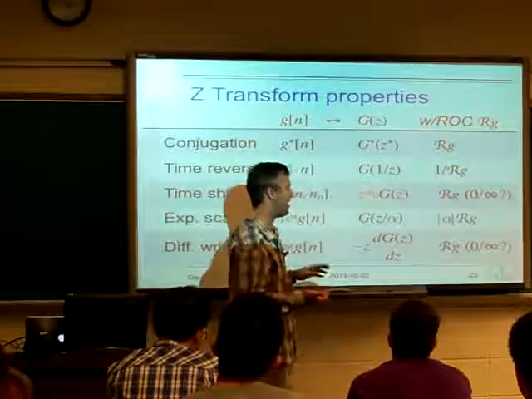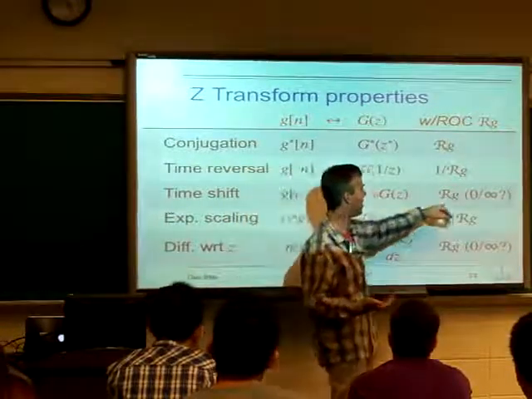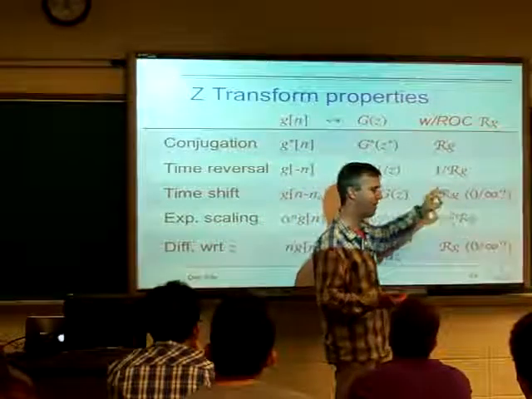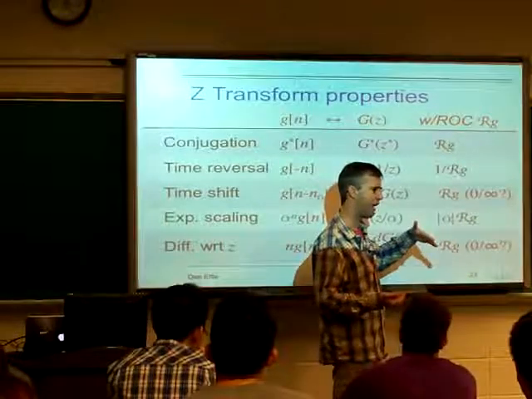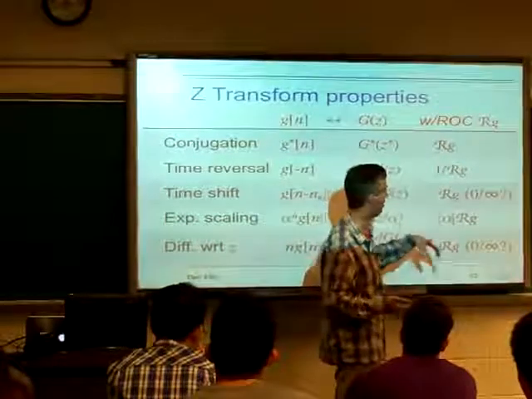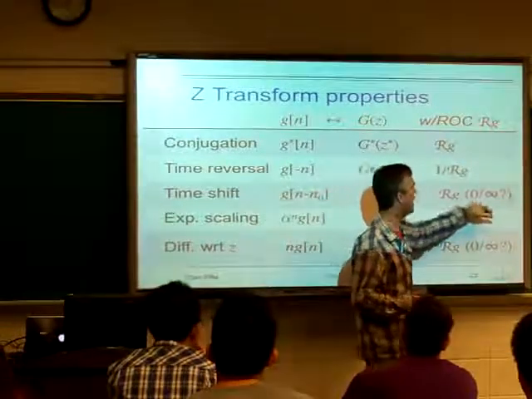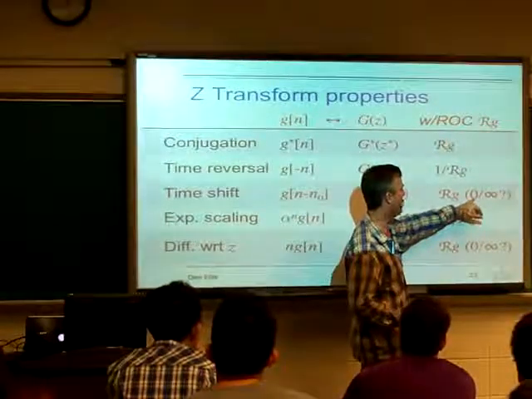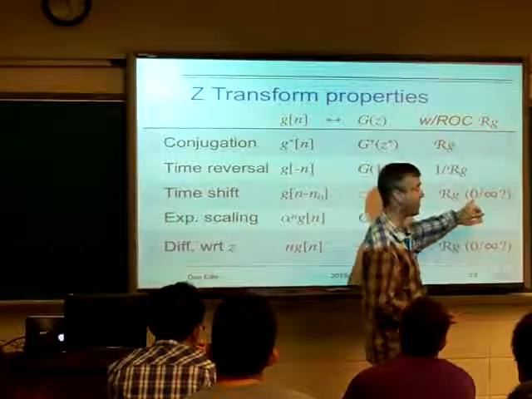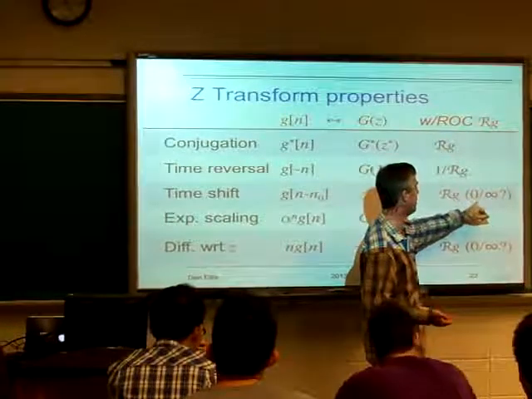If it used to be something you could evaluate at 0, and then you divide it by z, you can no longer evaluate it at z equals 0 if it was a finite thing before. So you might get additional poles coming in, additional regions of non-convergence coming in at z equals 0.